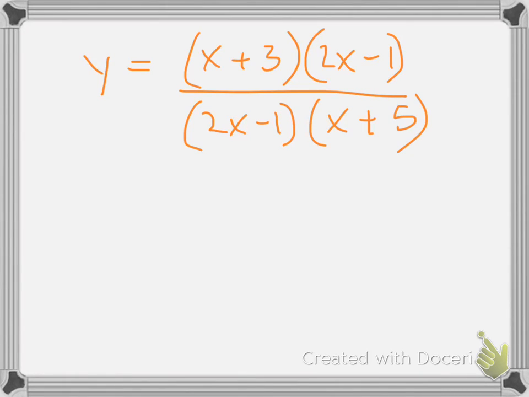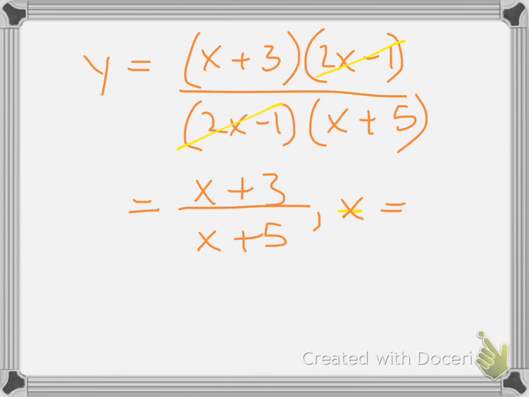Okay? What's that equal to? 3x. That's equal to x plus 3 over x plus 5, because you can cancel those two common factors. This is equal to that as long as x is not negative 1/2. Not negative 1/2.